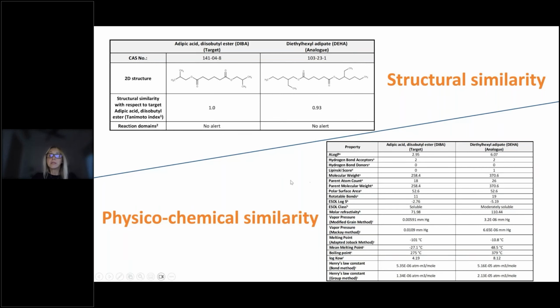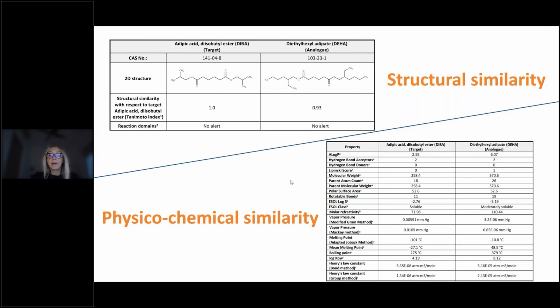On the bottom side of this slide, you can see the physico-chemical similarity table. When we assess the similarity of the target as compared to the analogue in terms of physico-chemical properties, we can fill in this table, where a number of physico-chemical properties are provided for the target and for the analogue. The physico-chemical properties that are provided here can be, of course, based on experimental evidence whenever this is available, or again, could be predicted data.